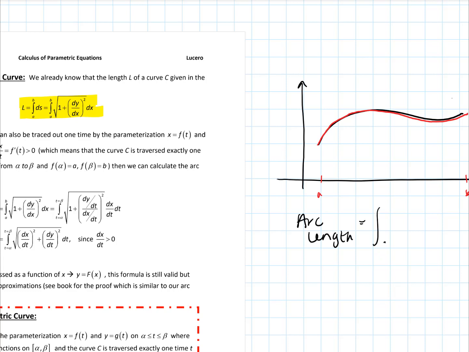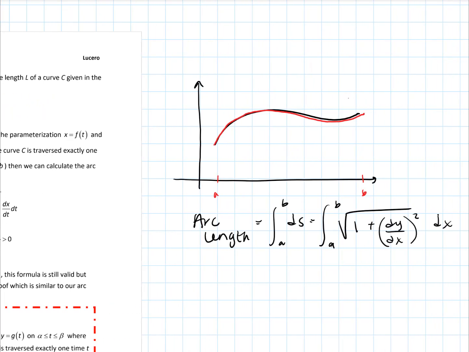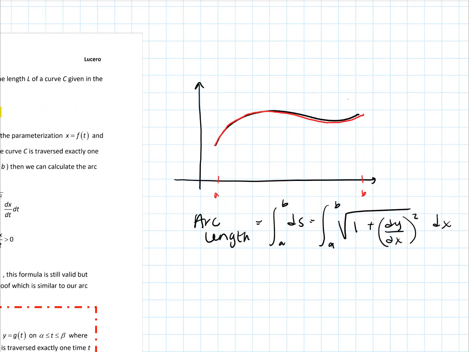The actual arc length formula is the integral from A to B. We called it ds, and we showed that ds was actually equal to the square root of 1 plus dy dx quantity squared with respect to x. Now we extended that. We also talked about how we could do that along the y-axis and integrate with respect to y, back in, I think, chapter 8 actually.